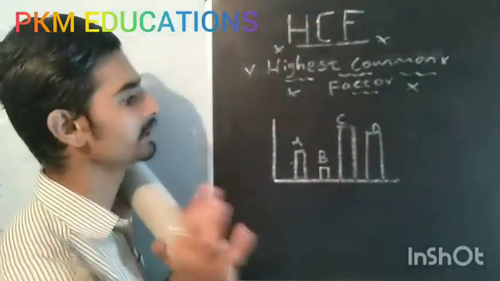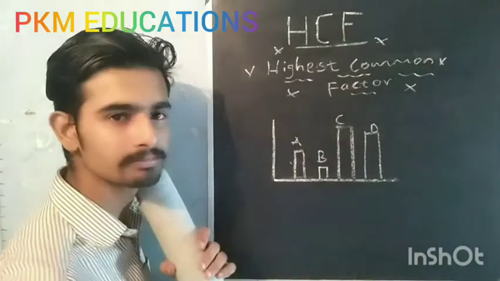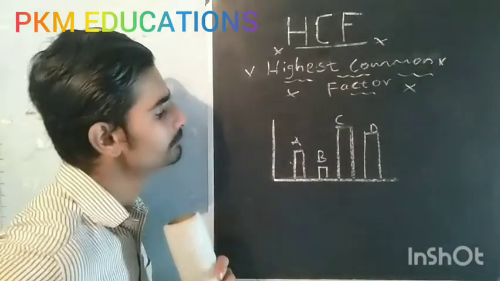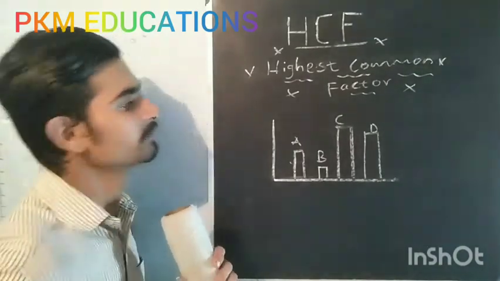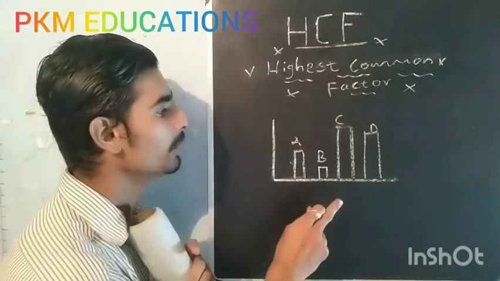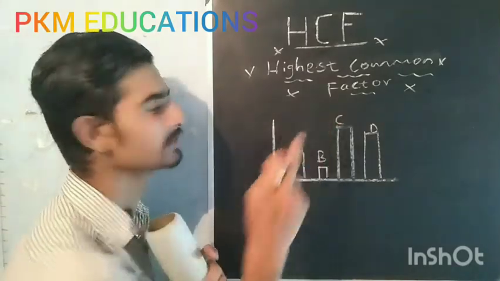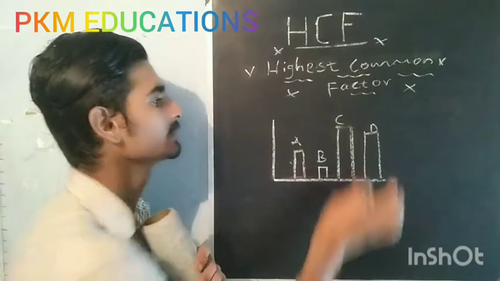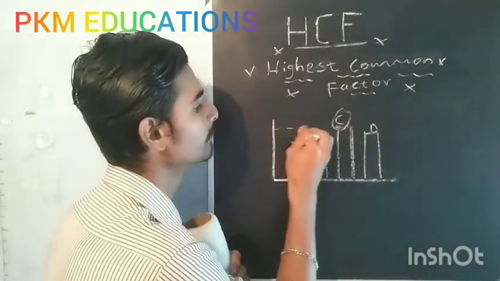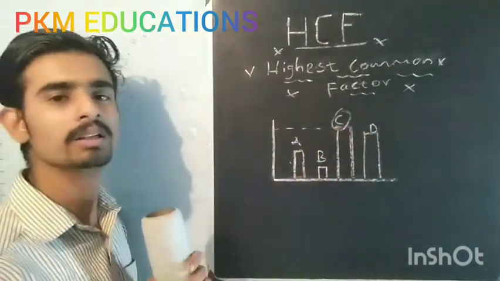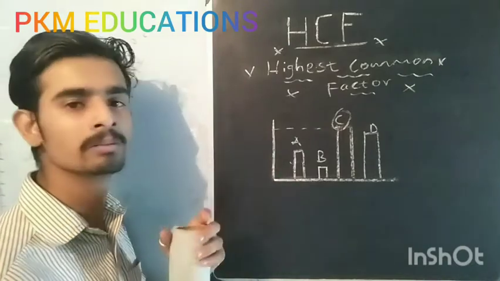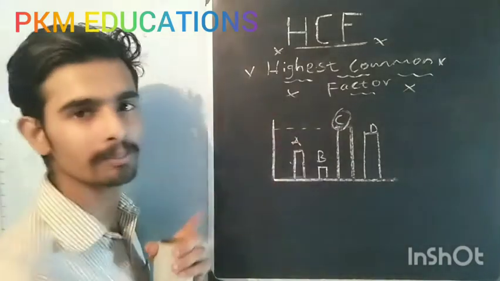First I am explaining what is HCF with a graph. In this graph you can see what is the highest one. Yes, here C is highest one. But C's height is common for C only.